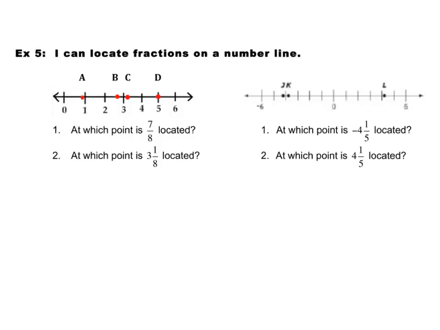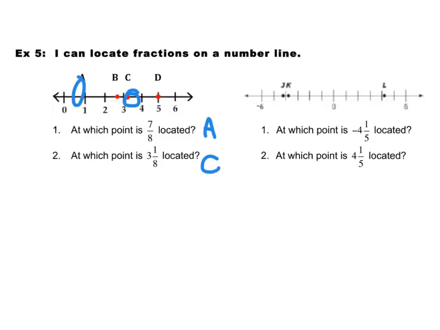So the only point that's less than 1 is letter A. So the answer to that one is going to be A. Now let's locate the point 3 1/8. Well, 3 1/8 is going to be between 3 and 4. So our answer to that one is going to be point C.